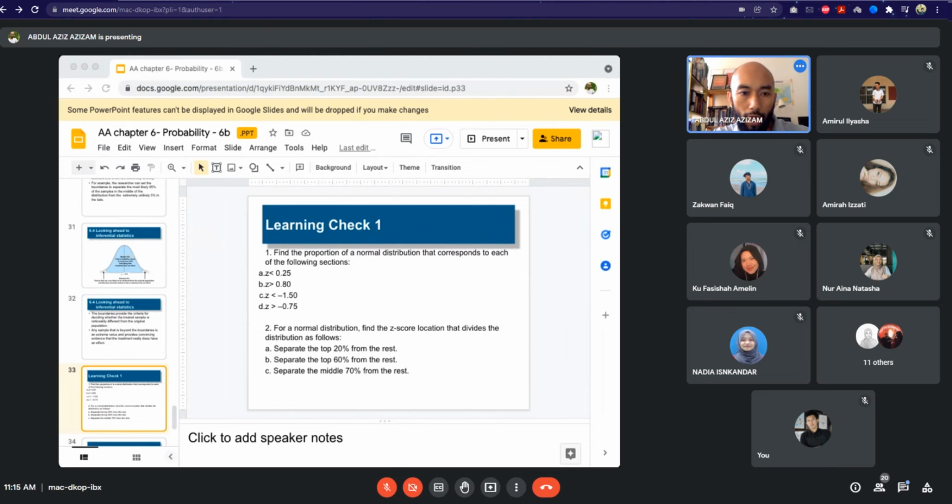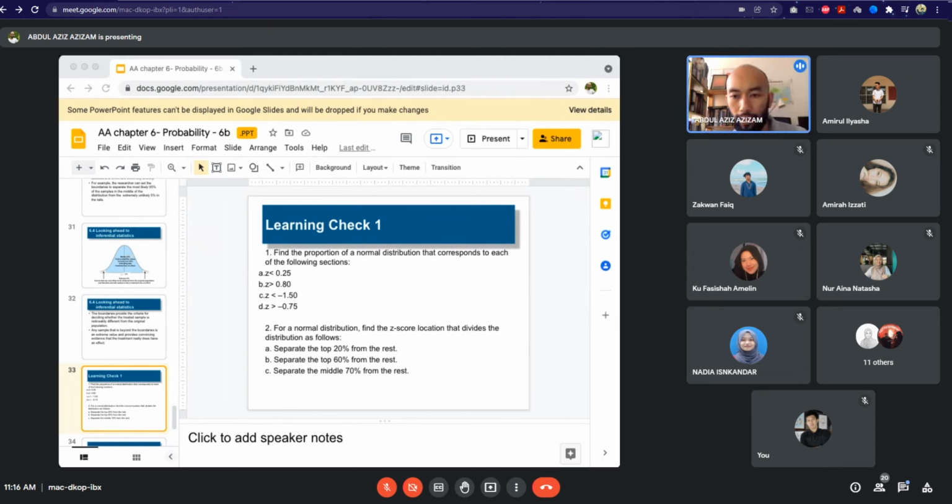Okay, so how about B? P value dia berapa? 0.987. Okay, Z is greater than 0.8.